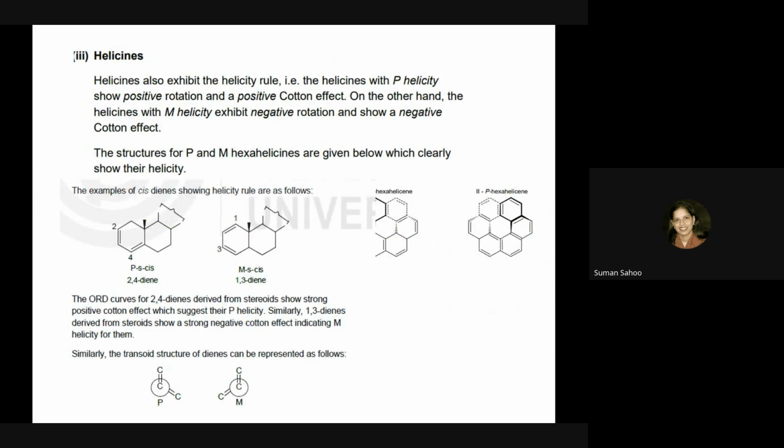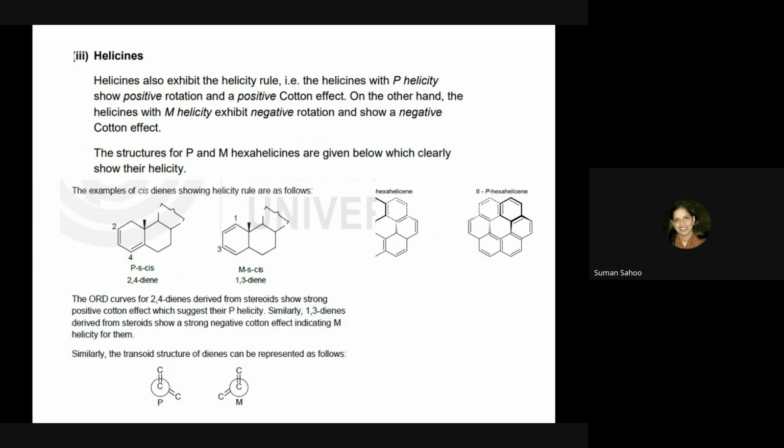Next is helicenes. We know that helicenes provide your helicity rule. Some molecules have helicity, meaning they have a helical structure.